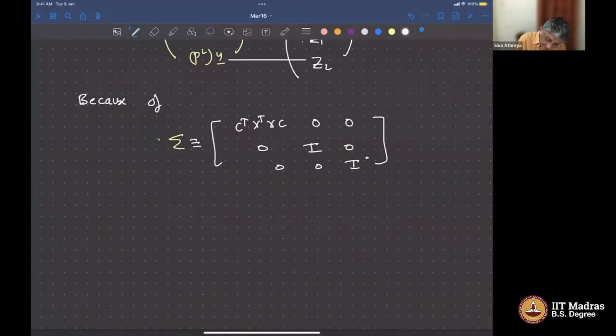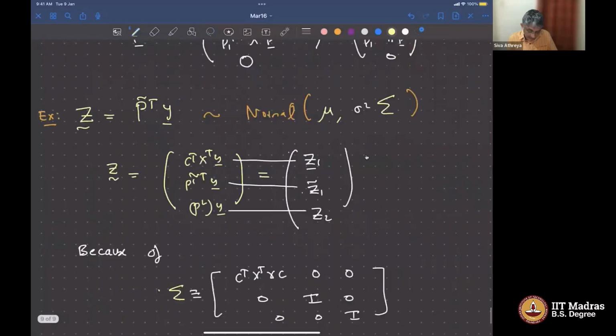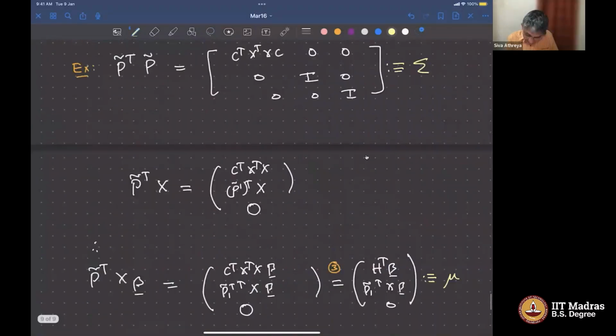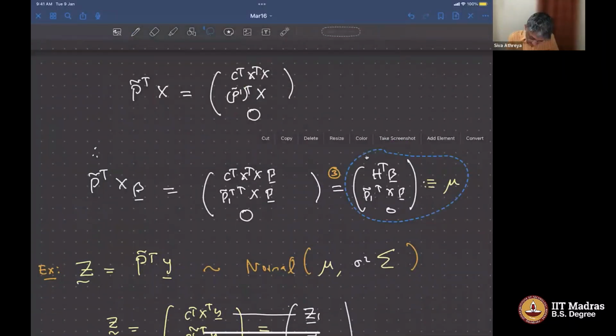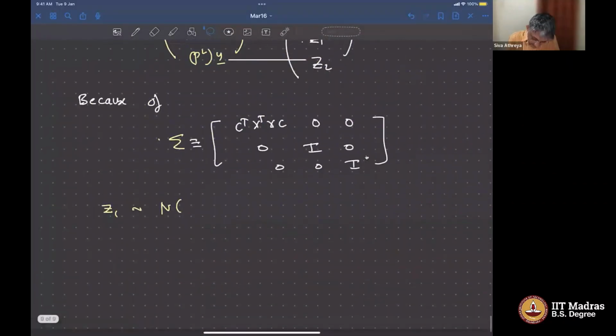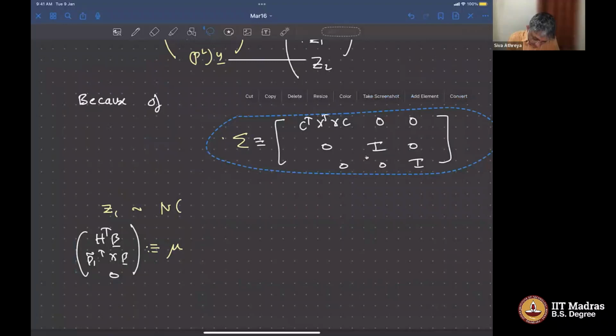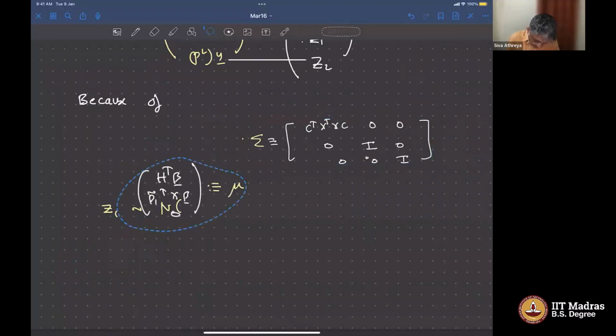The first thing you know is that Z1, the first guy, is normal with mean. Where is mu now? Mu is here. Let's grab mu as well, copy, and put mu here first, and I'll adjust in a second. Sigma is here. Make it a little smaller.